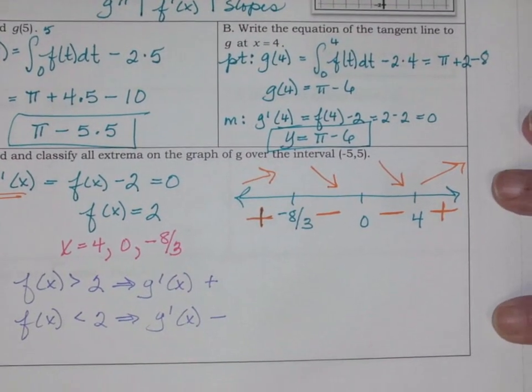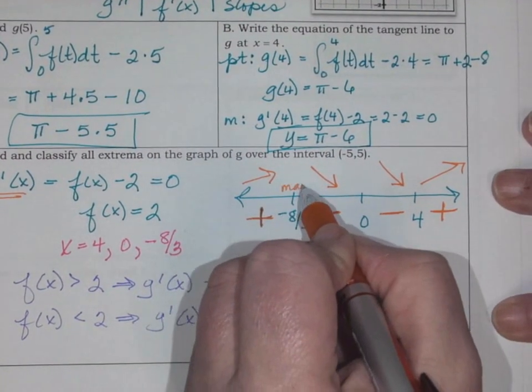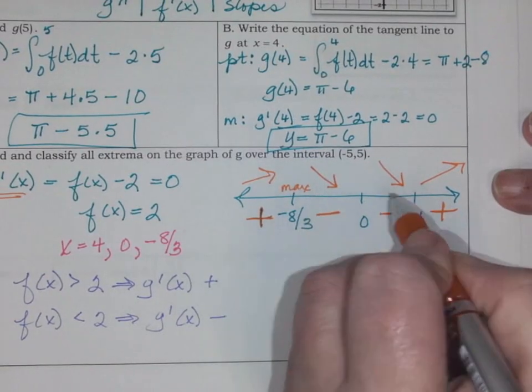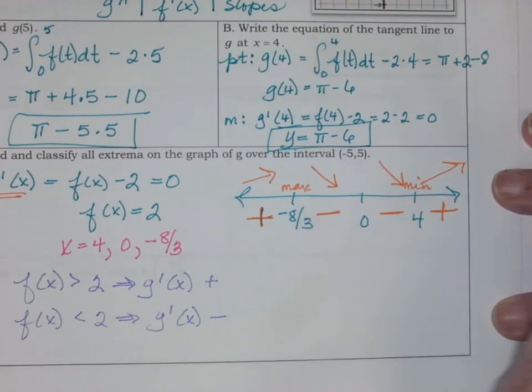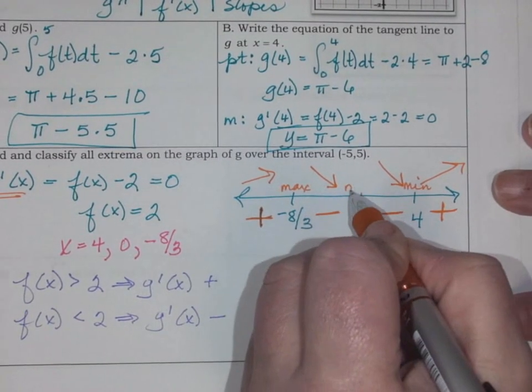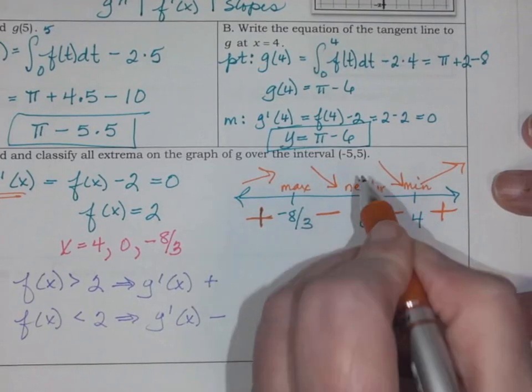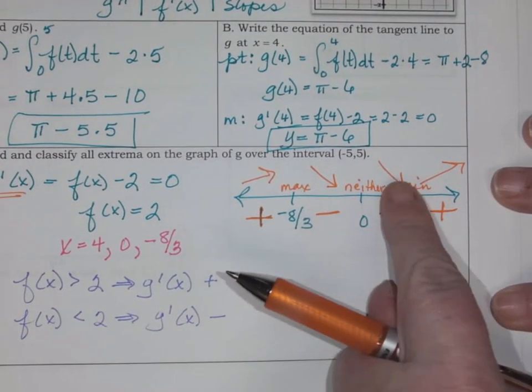So for our maxes and mins, we're going to have a max at -8/3, and we're going to have a min at 4, and we're going to have neither at 0 because we don't switch.